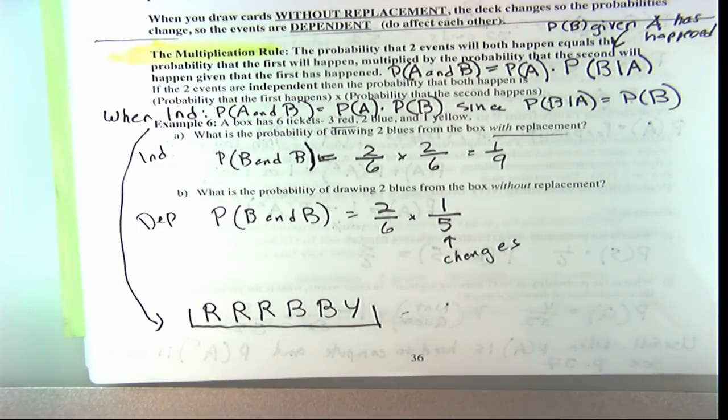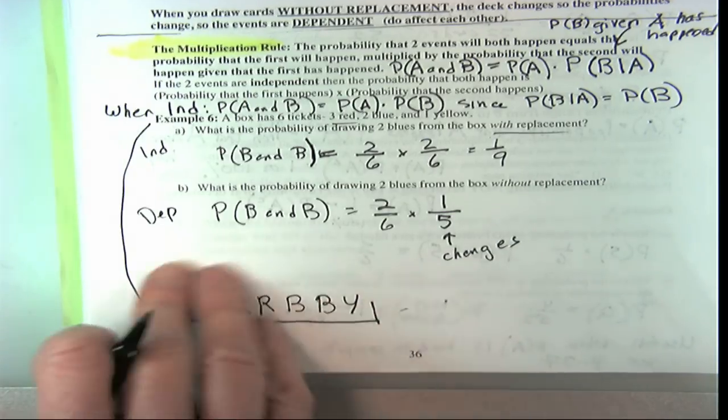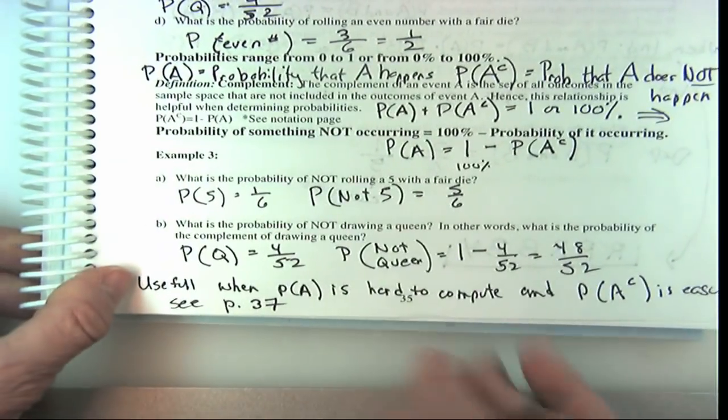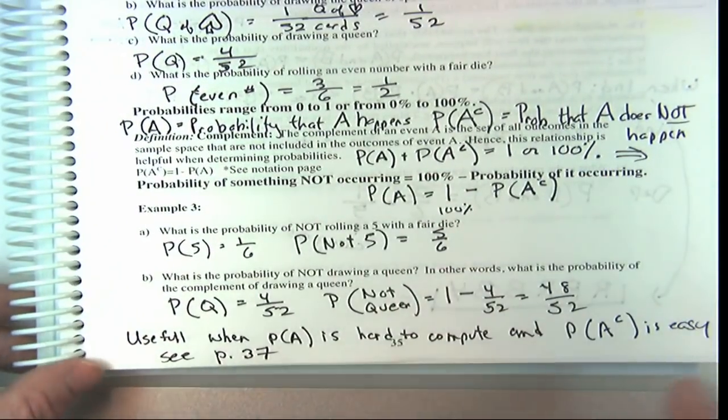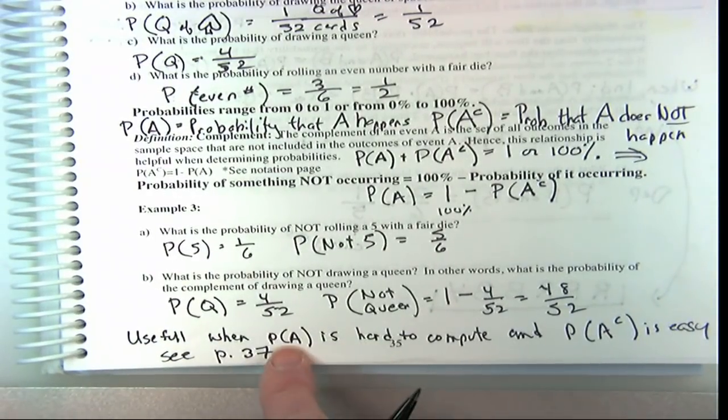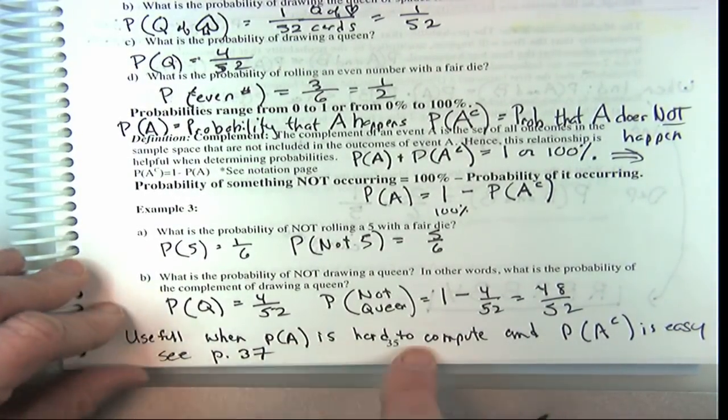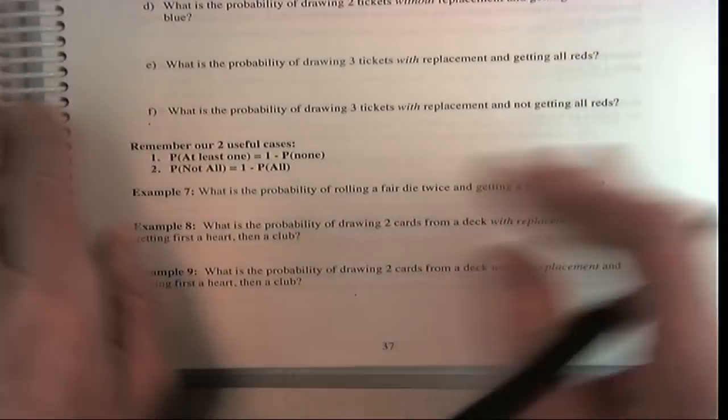Okay. So now we're going to go back to this idea of the complement. We're going to look at cases where the probability of A is hard to compute, and we're going to use the complement.